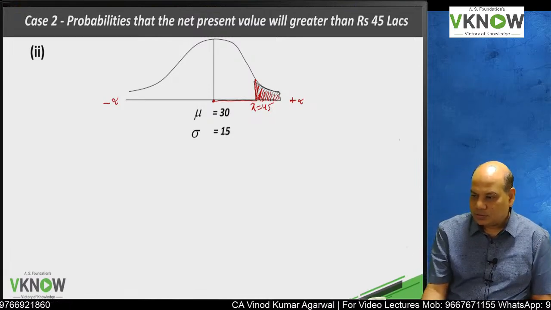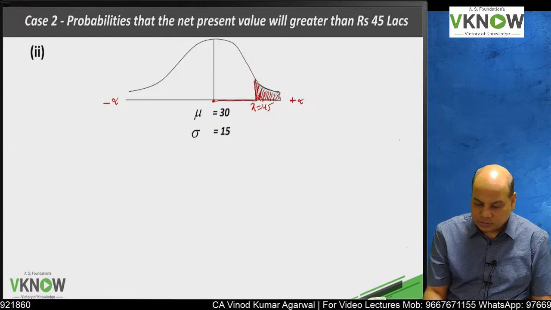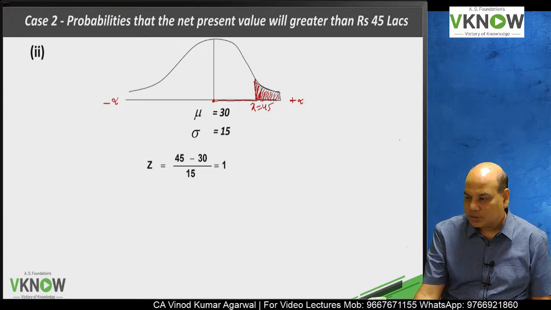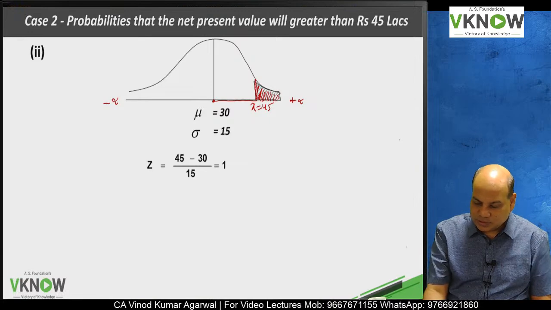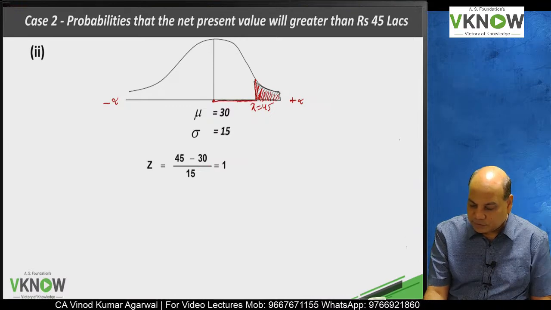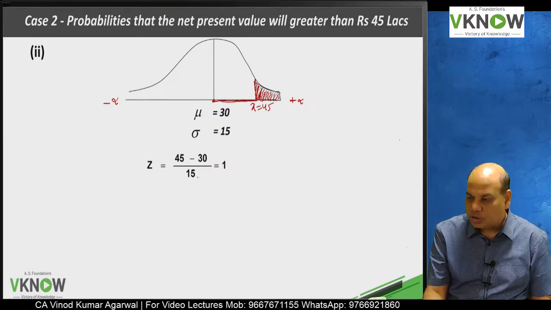So what I'll do, I'll first compute the Z value. Z will be equal to 45 minus 30, x minus mu upon sigma. How much are you away from the mean per unit of standard deviation?